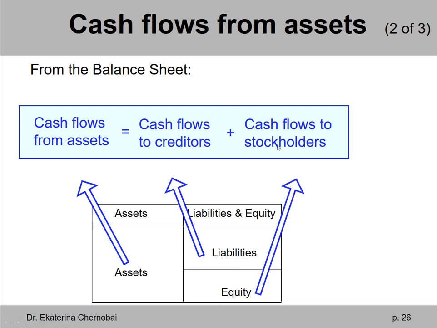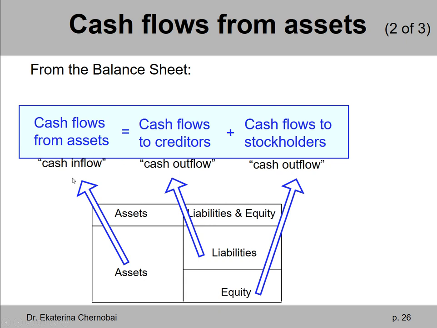And creditors and stockholders are two groups of investors that have interest in our firm. So they have stakes in our firm. They provided money to us so that we can give them the money back with some return on top.